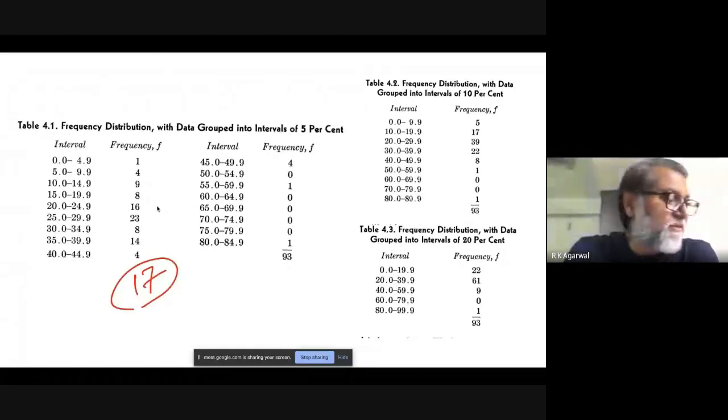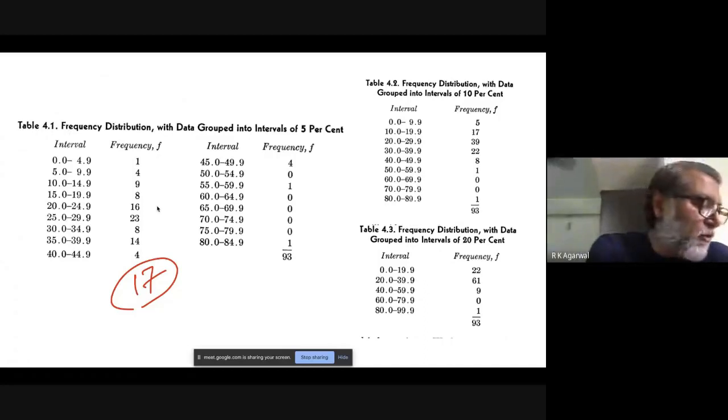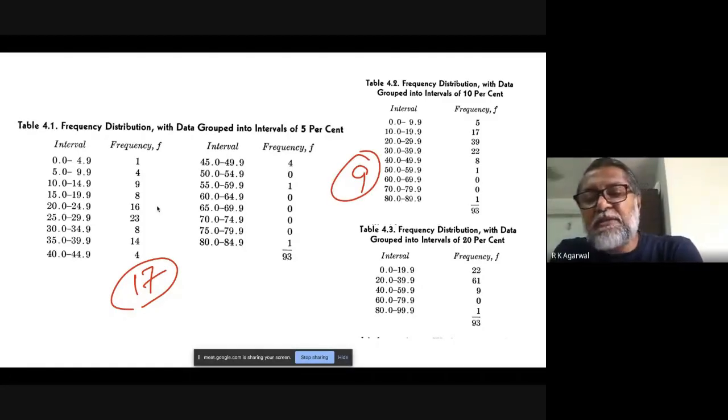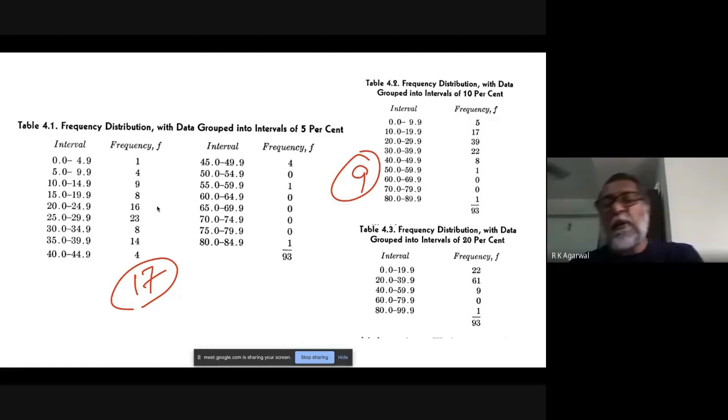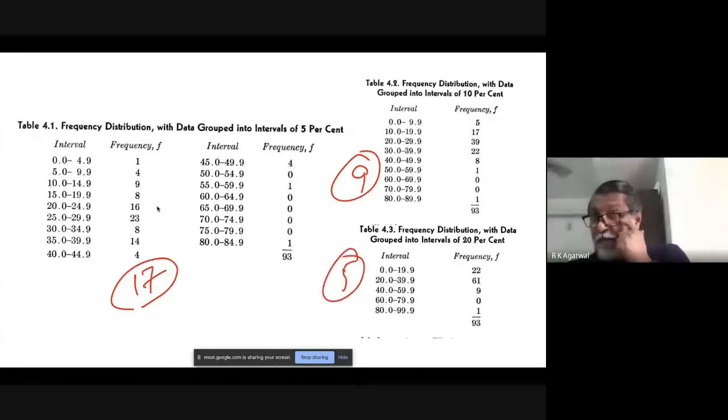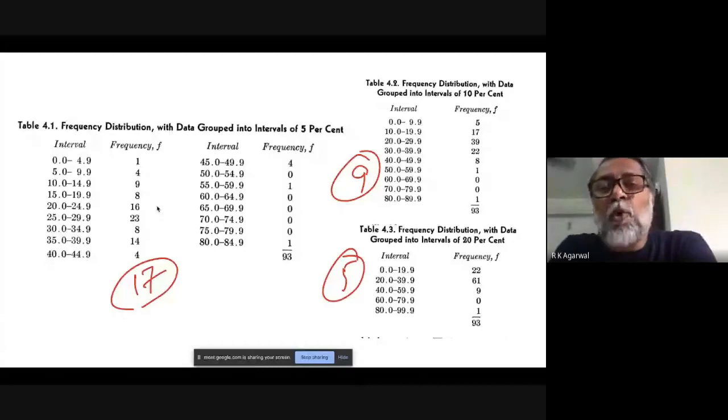How many classes do you have in table 4.2? 1, 2, 3, 4, 5, 6, 7, 8, 9. So you have 9 classes. And how many in the third one? 5 classes. So the question is, which one will you prefer? More classes or less number of classes?